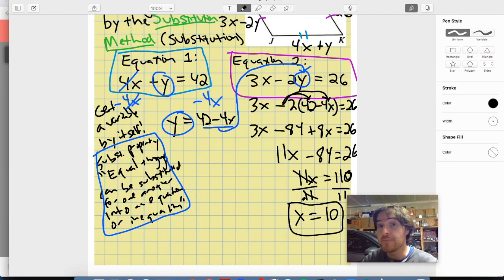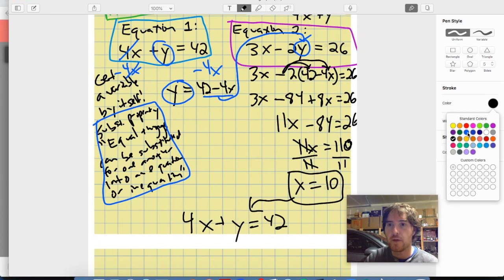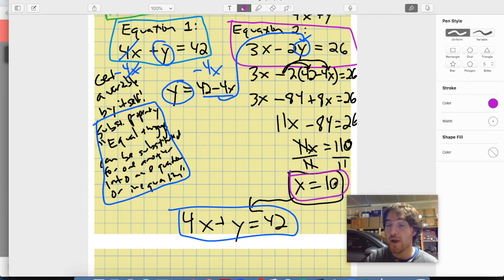Okay, second part of the problem is going to be the same thing we did before. Take equation number 1, 4x plus y equals 42, and replace x with the solution we had from equation number 2. We're going to put that right there, and use that to solve for y.